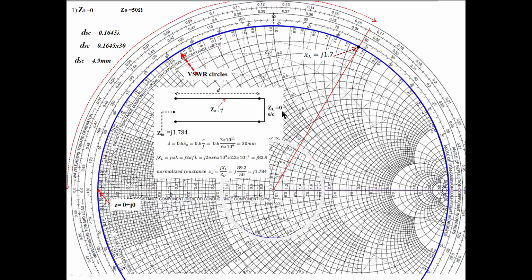Because our load is ZL equal to 0, the VSWR circle is like this. This is our VSWR circle. That's why the R value is 0 here, because we are moving on the R equals 0 circle. But the reactance value may be anything here. See, reactance changes. So as we move like this from the ZL equal to 0 load over a transmission line, impedance over the line is reactive.